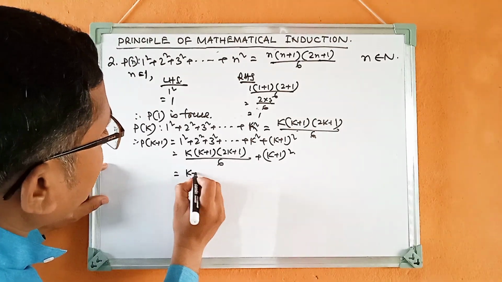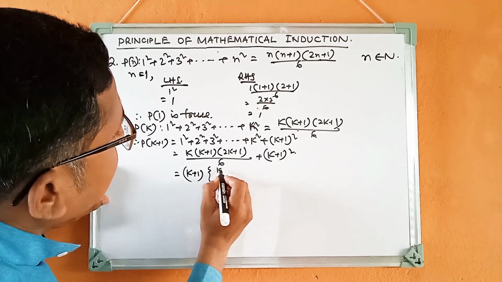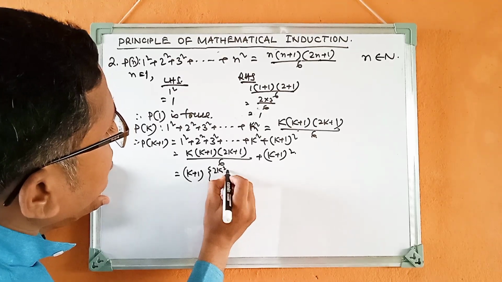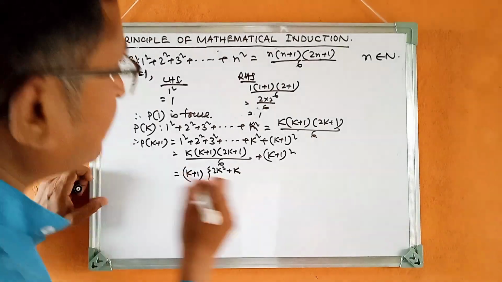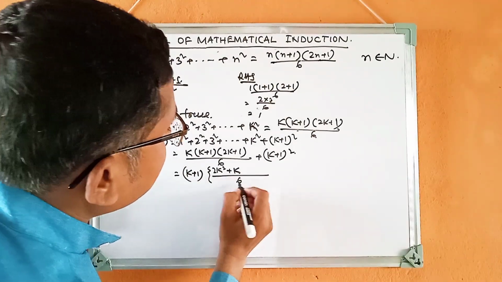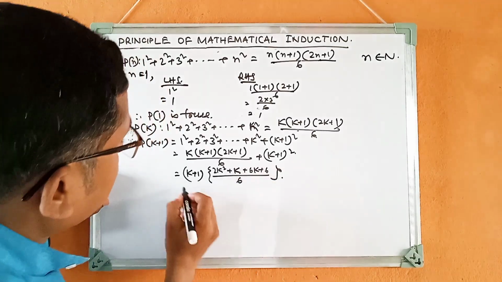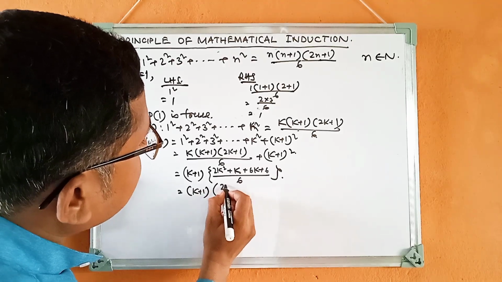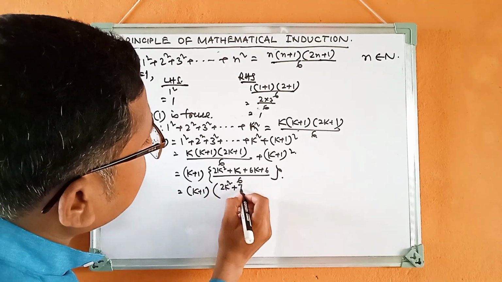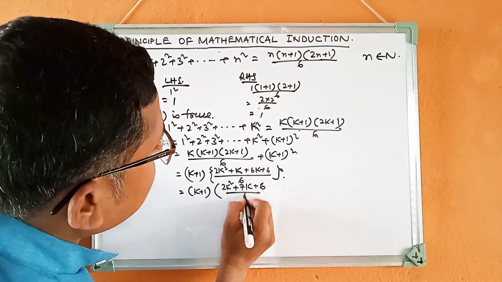So remaining is k into 2k plus 1, directly multiply 2k square plus k, and the LCM is 6. So here is 6k plus 6. Clear? Now k plus 1 into 2k square plus 7k plus 6 divided by 6.